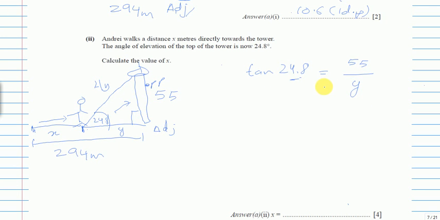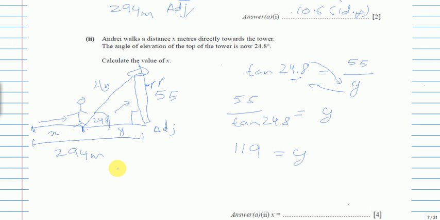Okay, now for y we will just do a cross multiplication this time, and it will be 55 over tan 24.8 is equal to y. Okay, and which is 55 divided by tan 24.8, it is 119.0. So 119 equals y.